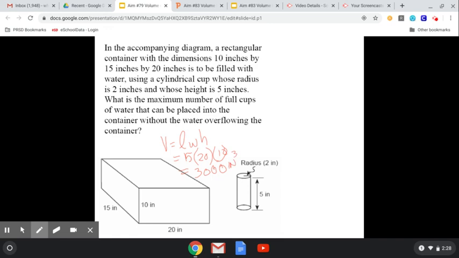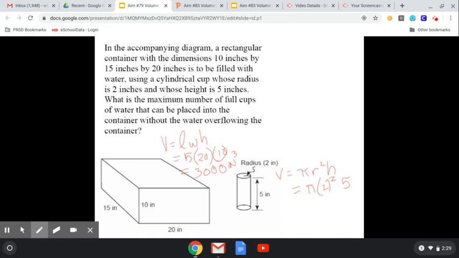Now we're going to fill that tank with these cups of water. So let's get the volume of the cup of water so we know every time we pour one in, how much water we're pouring in. Now, the radius is 2, so 2 squared times 5 times pi. Now, here's the thing.